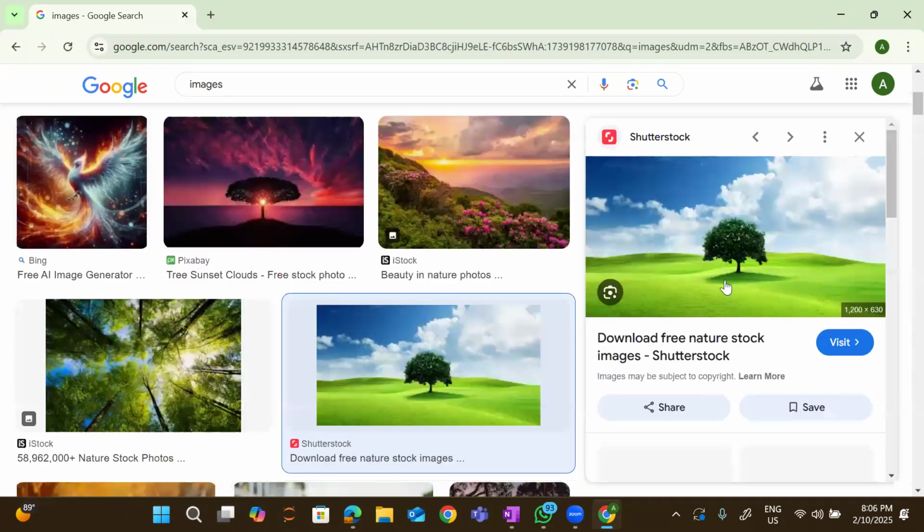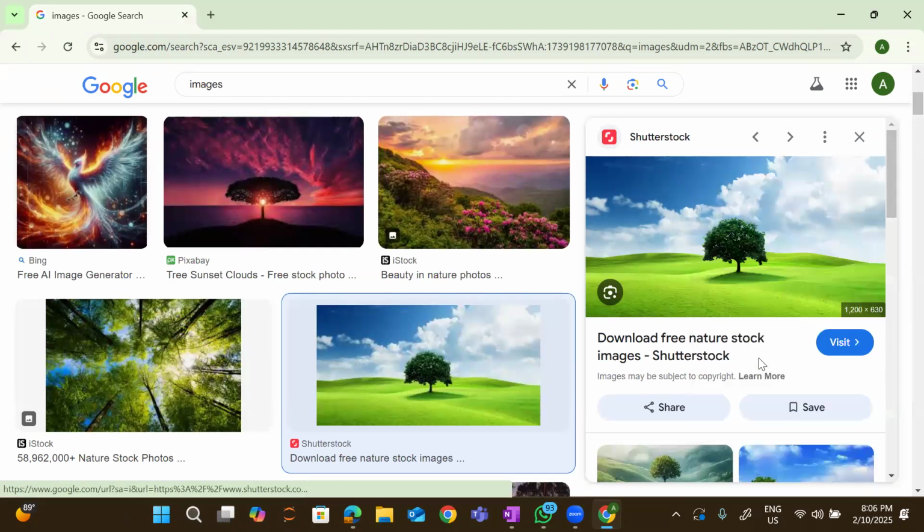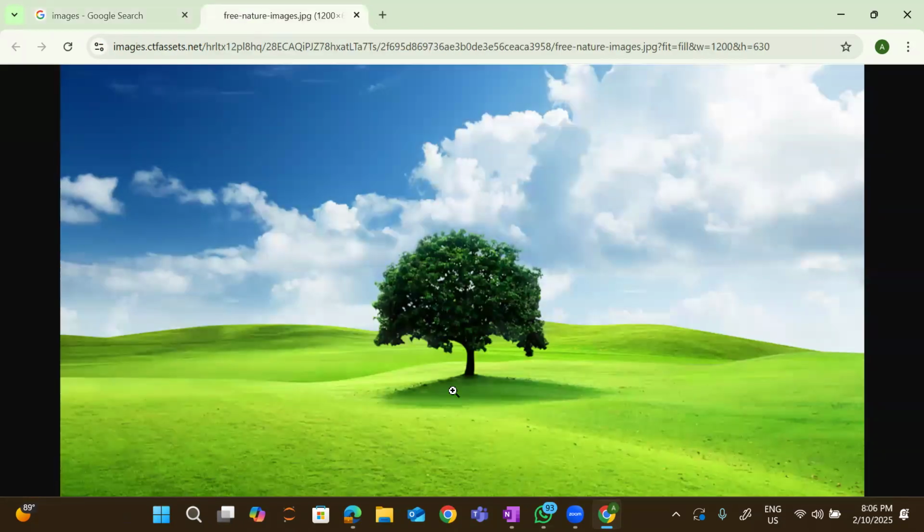I will ask you a basic thing: what is this? We can see it on the screen. You will say it is a tree.